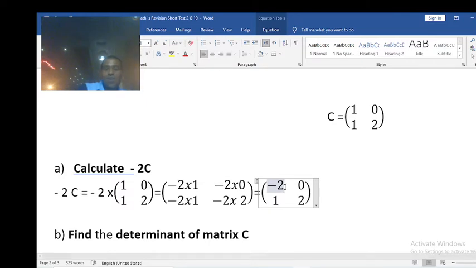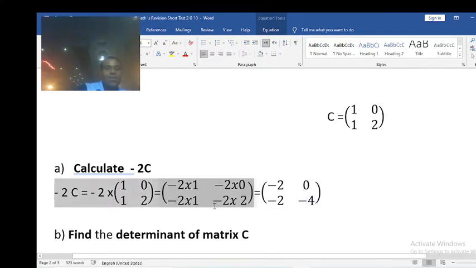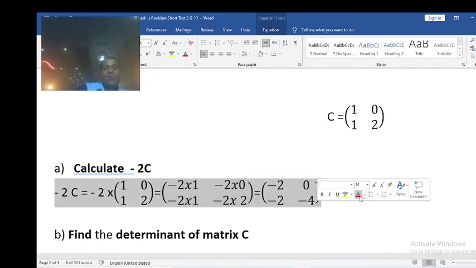This is a 0 because a number multiplied by 0 is 0. Then this gives -4, and this one is -2, and the last one is -4. So now I finish multiplying this matrix by a scalar. Okay, this is the correct answer.